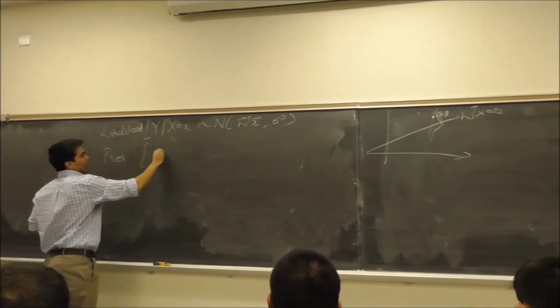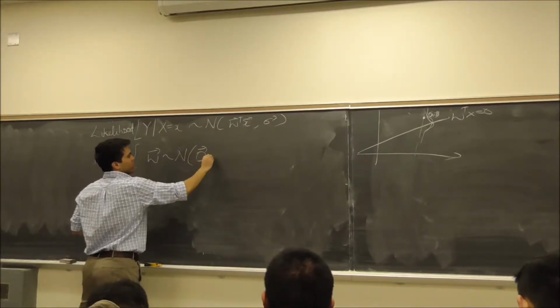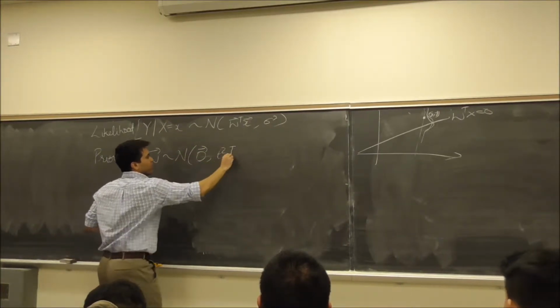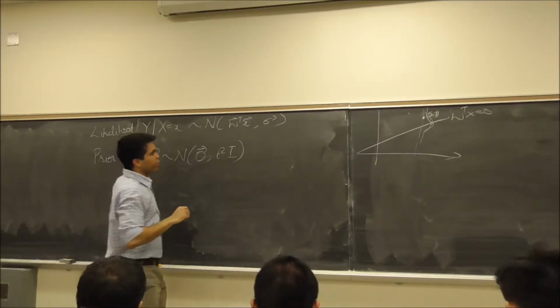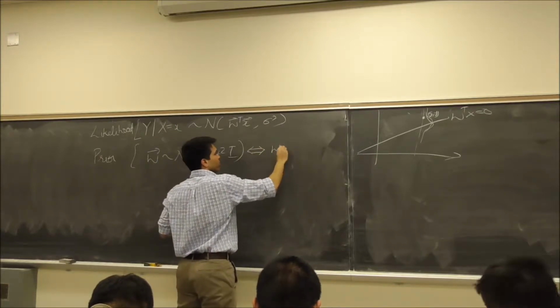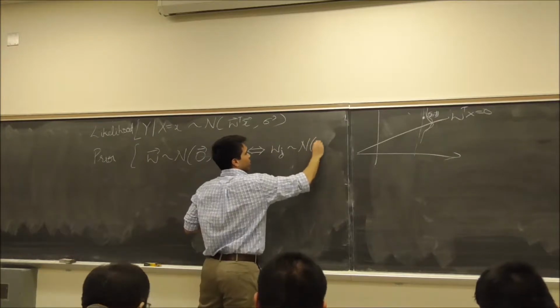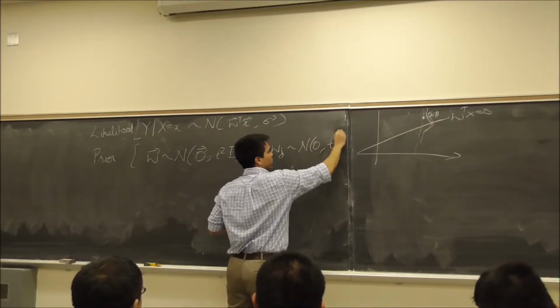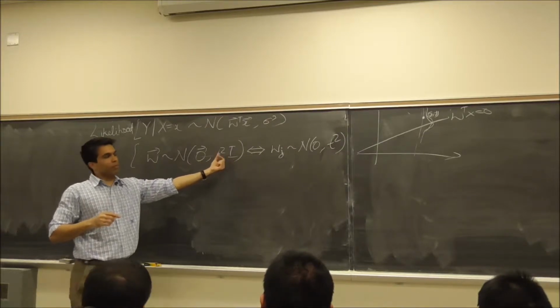The prior is also going to be a Gaussian, zero mean, and it's a multivariate Gaussian. To keep our notation easy, we'll say this is equivalent to each coordinate Wj being a univariate Gaussian, where this is a multivariate Gaussian and I is an identity matrix.